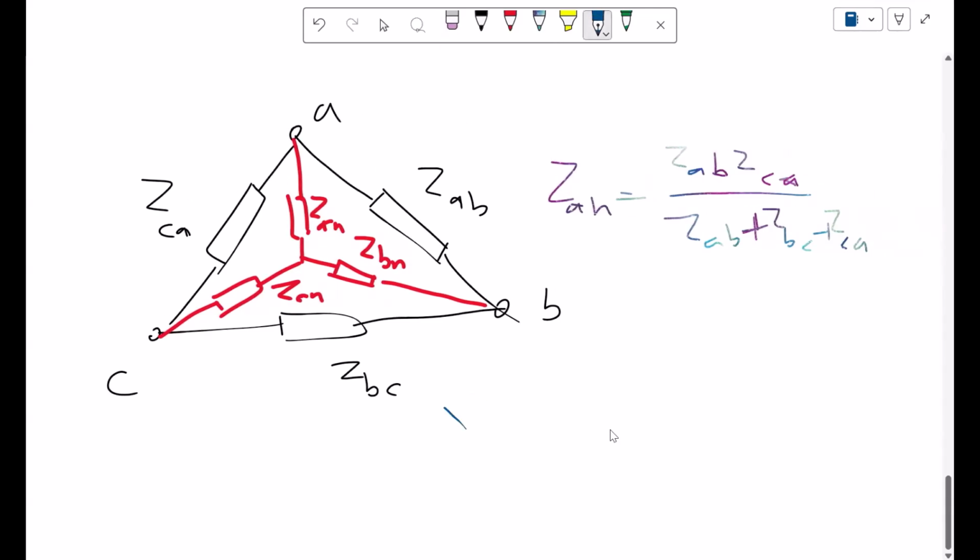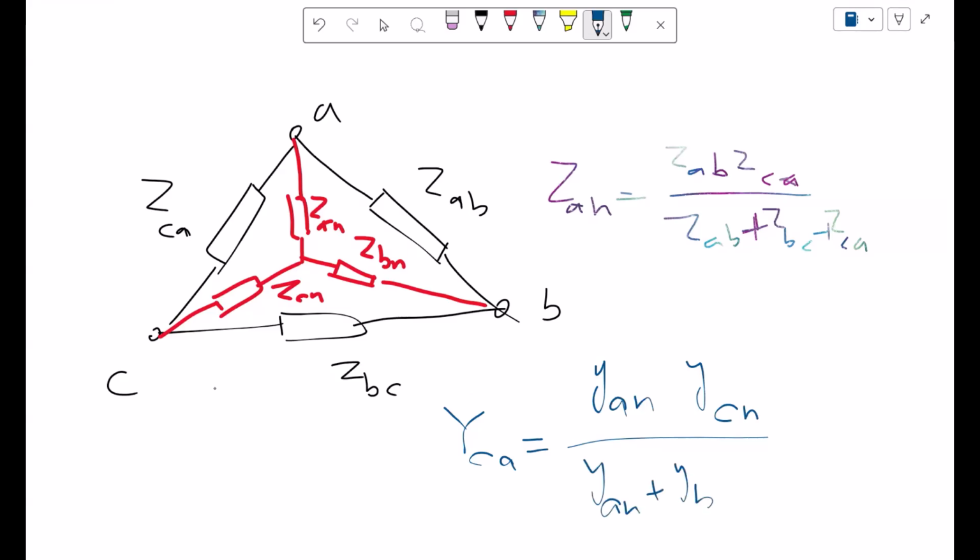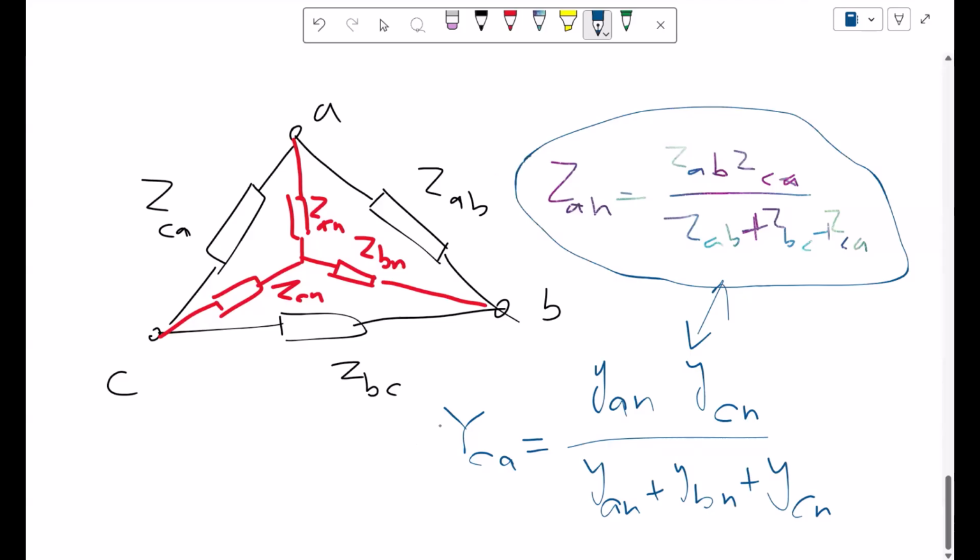You would find YCA from those star components on the sides of it, but again using the Y's: YAN times YCN, divided by the sum YAN plus YBN plus YCN. This way is easier to understand because they work the same way, except that you have to remember that the Y components are found from the impedances, and the delta components are found from the admittances.